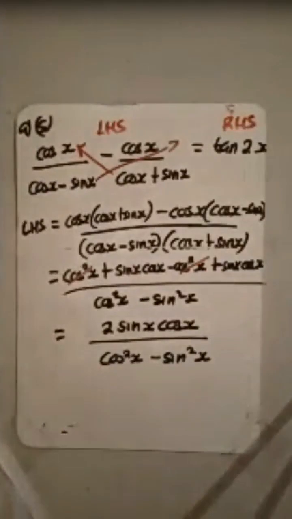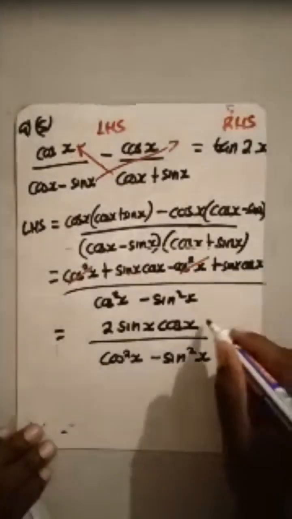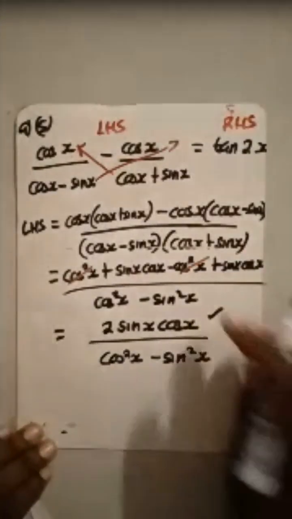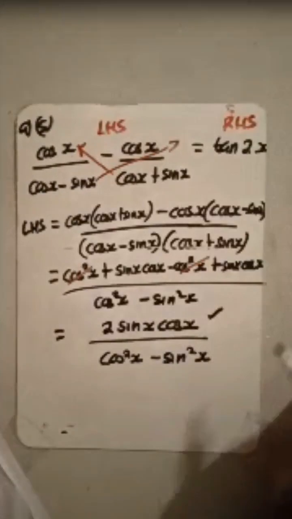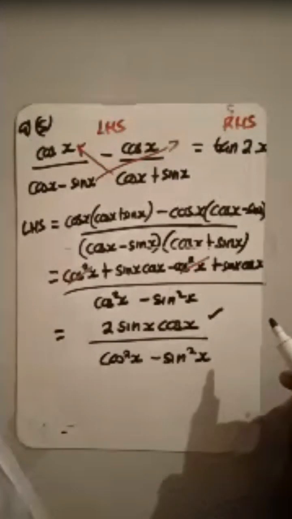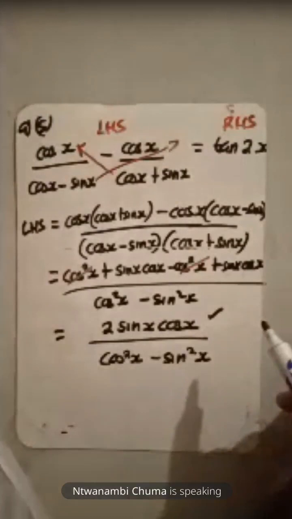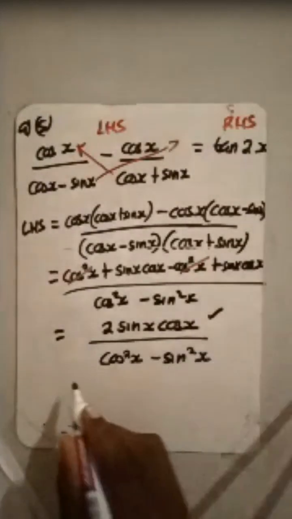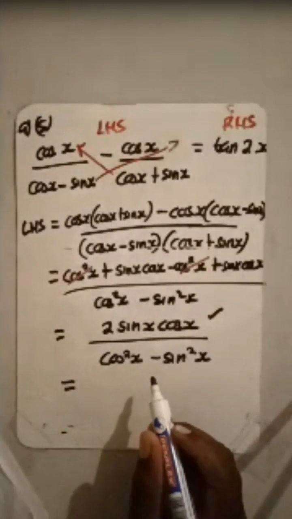Okay, so if you look from there, guys, from which identity do we get this one? Can I please have responses? From which identities do we get the numerator? Oh, guys. From 2 sine x. Yes, from the double angle of what? Of cos or sine? Sine.